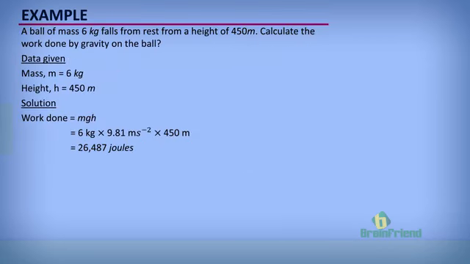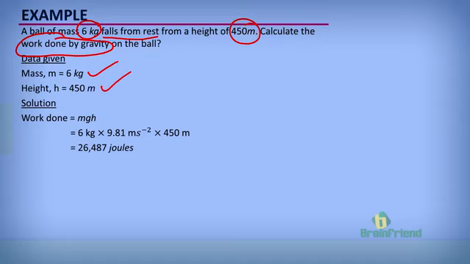Let's take a look at this example. A ball of mass 6 kilograms falls from rest. Now this is work done by gravity because it falls from rest from a certain height of 450 meters. Calculate the work done by gravity on the ball. From the question, we can see that our mass is 6 kilograms, our height is 450 meters.